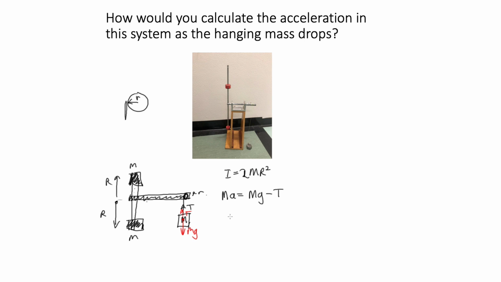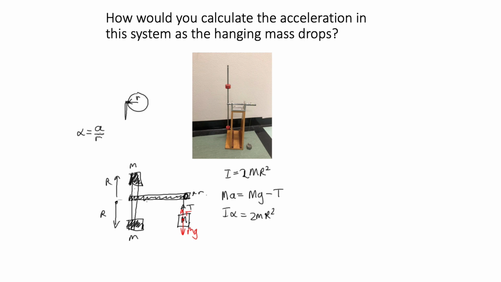So we can use Newton's second law for rotation to write I alpha, where I is 2mR squared. And we can write the angular acceleration alpha as the acceleration over little r, because we're looking at the tangential acceleration at this point.